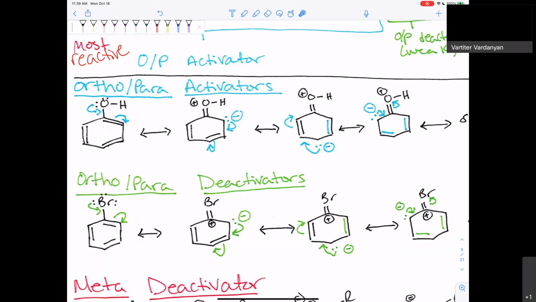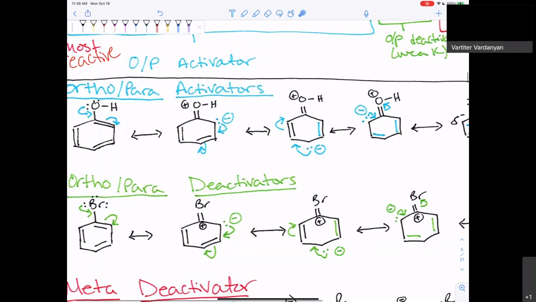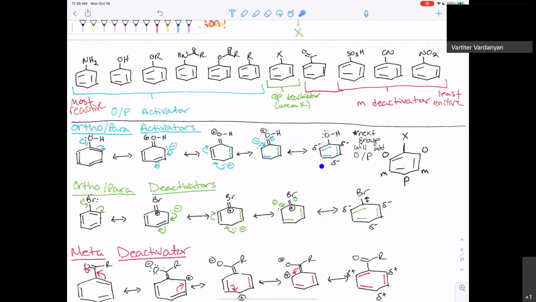Like if you made the negative charges, double bonds the opposite. Oh, wait. I think you mean like, isn't this and this exactly the same? Yes, but that's kind of the point of resonance. So it is exactly the same. The only thing that changed is where the electrons are.